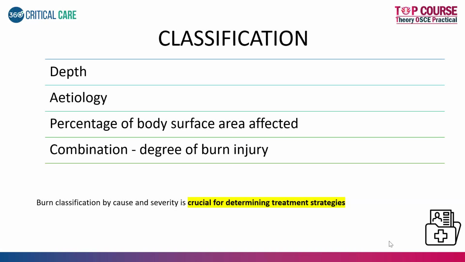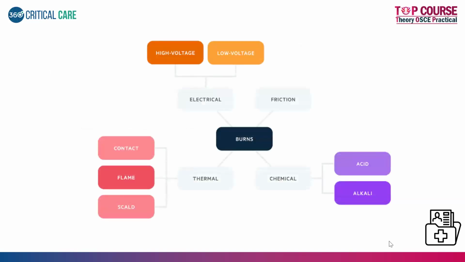Assessment of severity will let us know which patient can be managed as an outpatient, or needs to be admitted to the wards or a particular burns center. That is where classification and categorization come into the picture. As I told you earlier, a burn is a destruction caused by any of these: electrical, friction, thermal, or chemical.